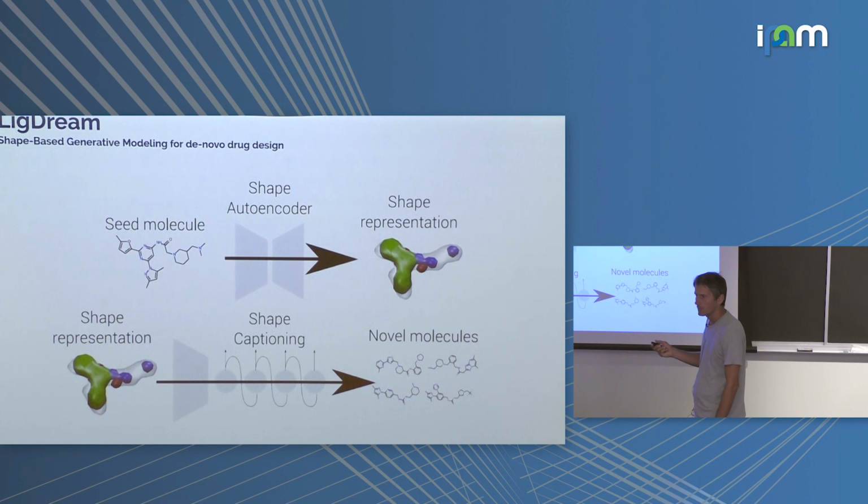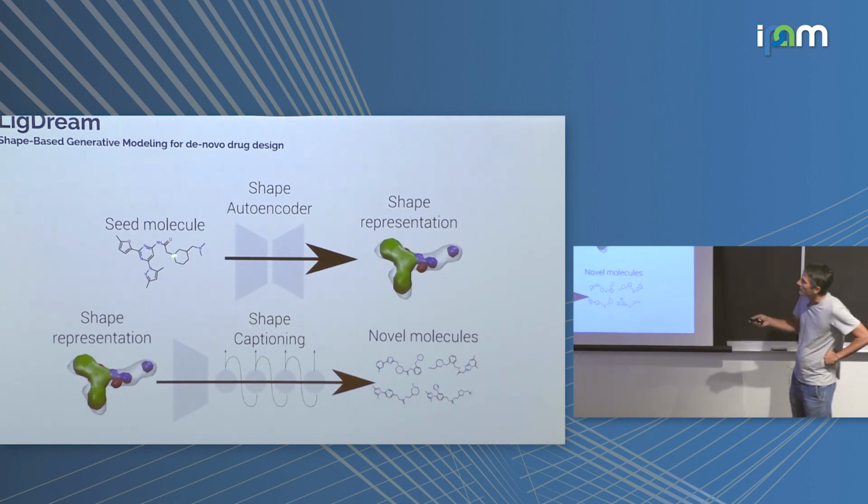I think Frank spoke a little bit about captioning. So from the image you can generate text, and from the image you can generate SMILES. It's actually the same kind of procedure. It's not very good. It was just the only way we could think of. There might be other ways, but it is what we've done.